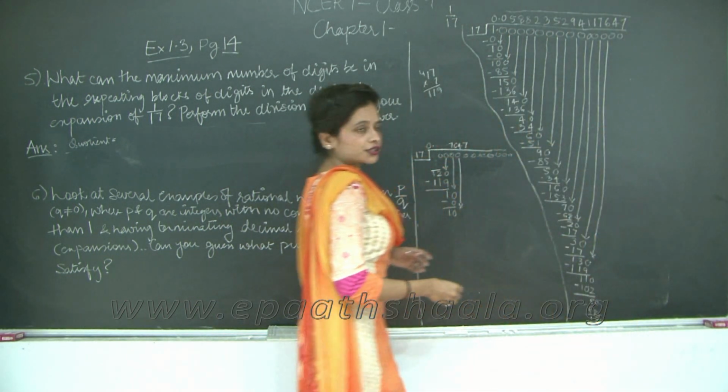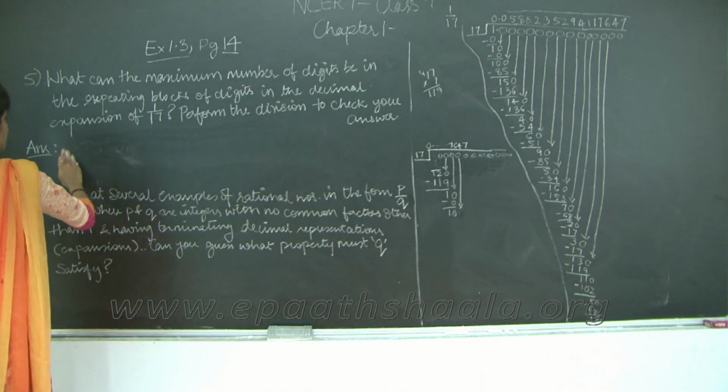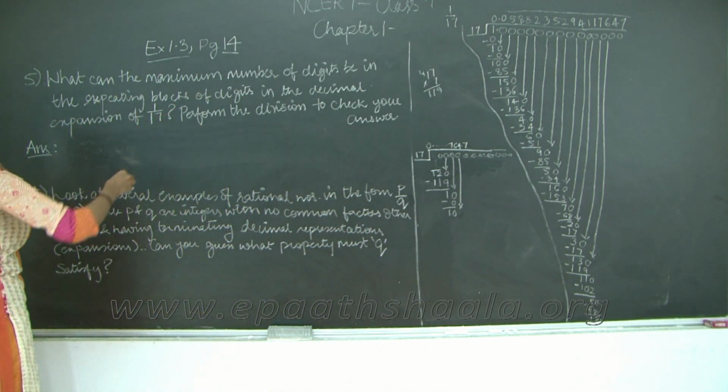This is your quotient. Okay, so let us write the answer because we want to mention what the answer is. What can the maximum number of digits be?